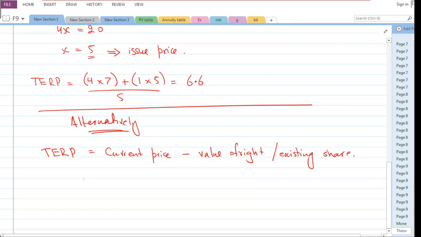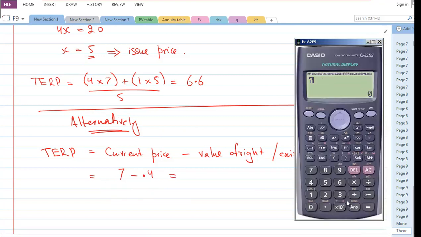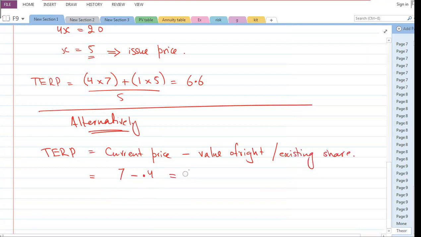This is going to give you the theoretical ex-right price. So you see, currently the share price is $7 and every existing share is going to give you a value of 0.4. So when you deduct that 0.4 from the 7, this is the theoretical ex-right price. That's it. Done.